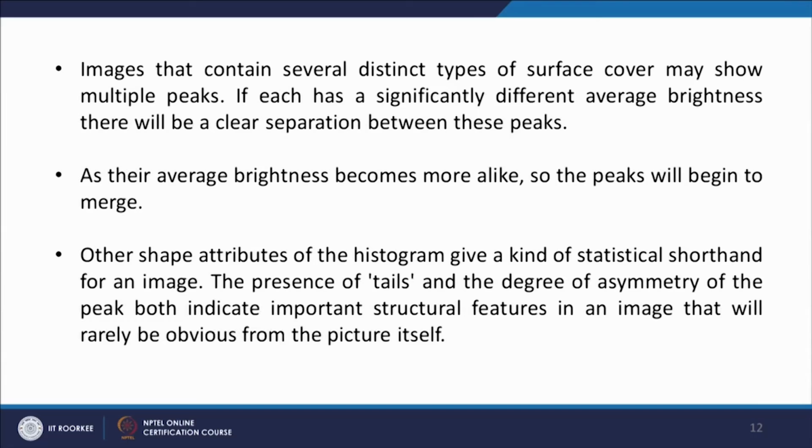Images that contain several distinct types of surface cover may show multiple peaks. If you have an image with large water bodies, snow areas, maybe sand bodies, forest, agricultural land, or built up land within one image, it is possible.